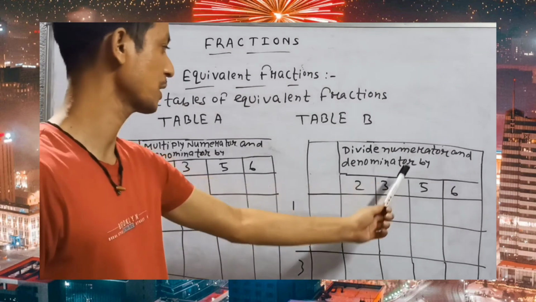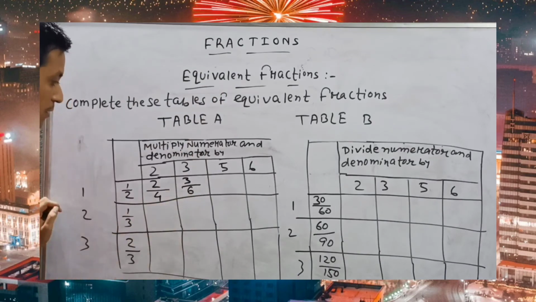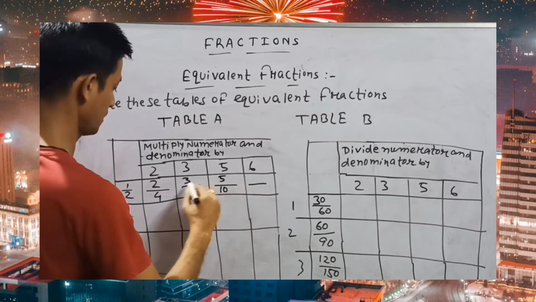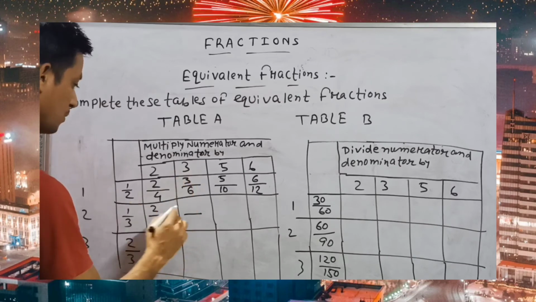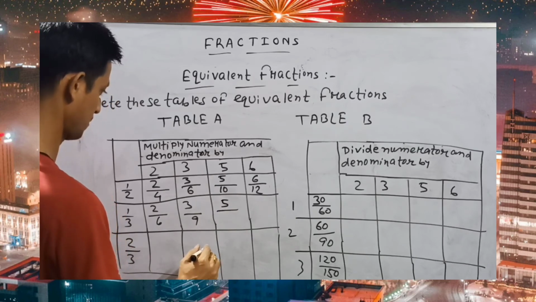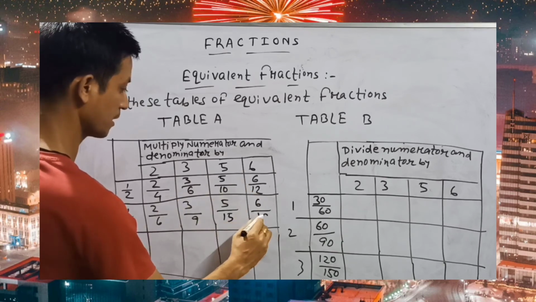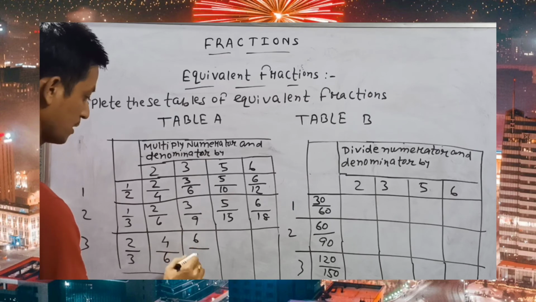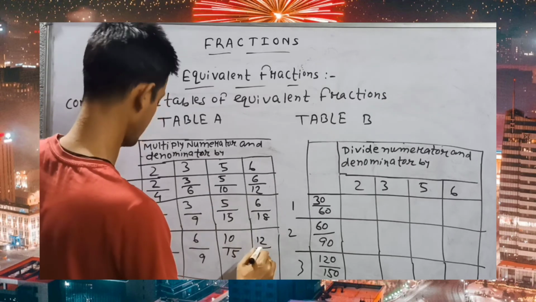And here also divide numerator and denominator by 2, 3, 5 and 6. 1 2s are 2, 2 2s are 4. 3 1s are 3, 3 2s are 6. 5 1s are 5, 5 2s are 10. 6 1s are 6, 6 2s are 12. 2 1s are 2, 2 3s are 6. 3 1s are 3, 3 3s are 9. 5 1s are 5, 5 3s are 15. 6 1s are 6, 6 3s are 18.